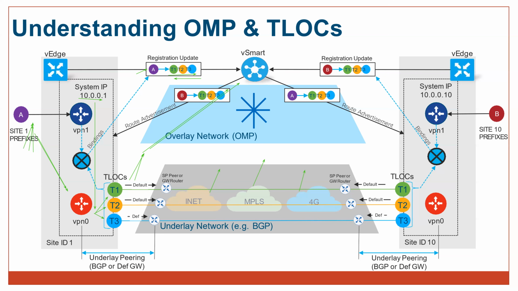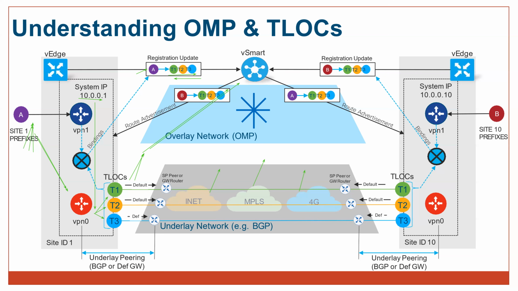And we know that between the vEdge and vSmart we have OMP peering. They are OMP peers, so any information that we have on the vEdge, if we advertise it to OMP, will reach the vSmart.